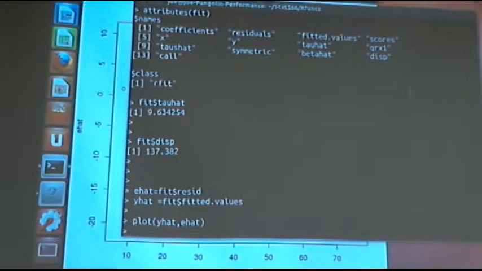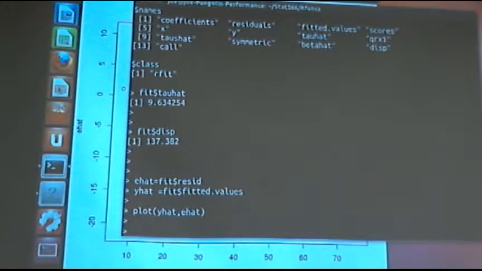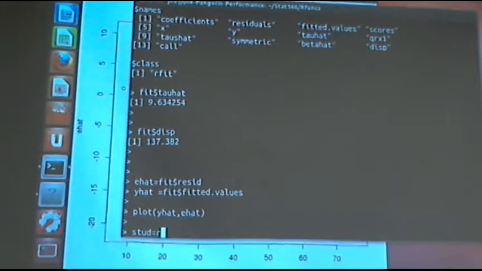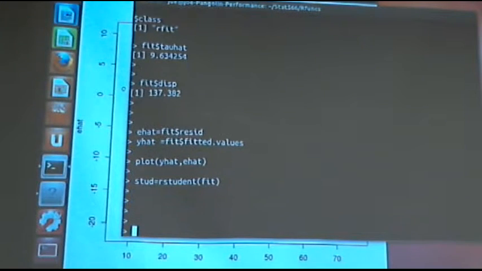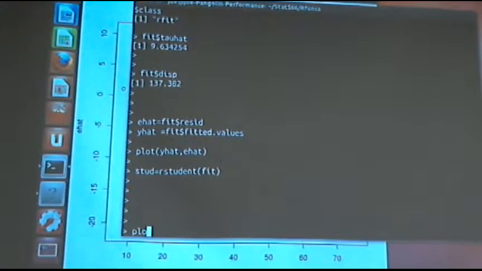Remember, you can do studentized residuals with those two. It's just our student. Then you could plot those versus what?